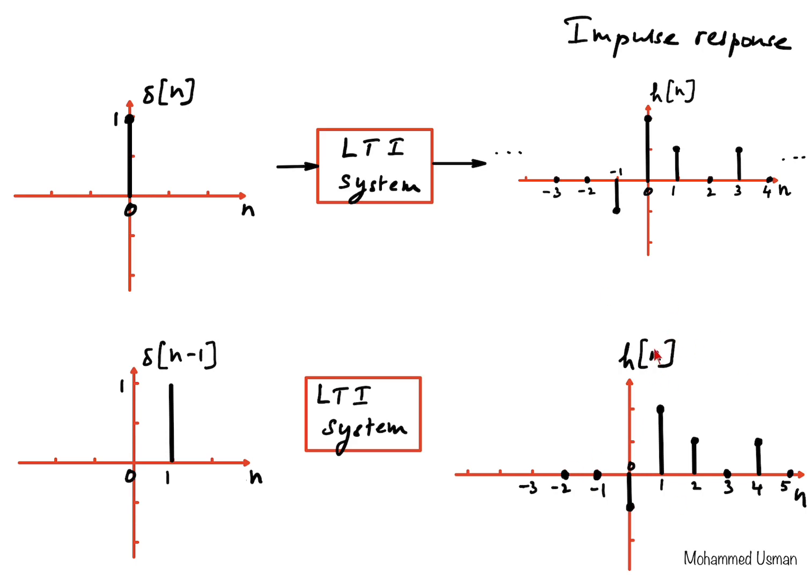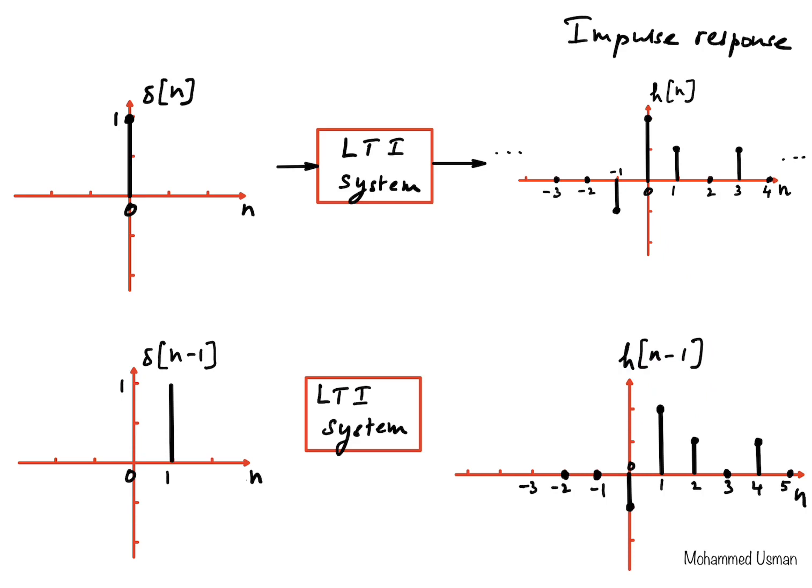So what we have here is h of n minus 1. Let me write that correctly: in relation to h of n, that is equal to h of n minus 1. When the input is shifted to the right by a certain amount, the output is also shifted by the same amount, and in the same direction.